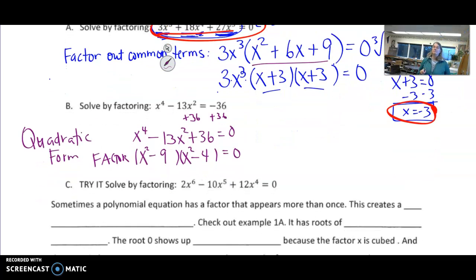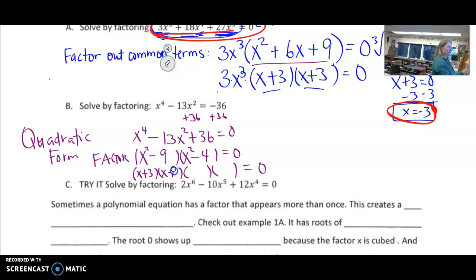Okay, we are not done, because we have a difference of squares, x squared minus 9, and another difference of squares, x squared minus 4. Remember what those factor into. x squared minus 9 factors into x plus 3 and x minus 3.